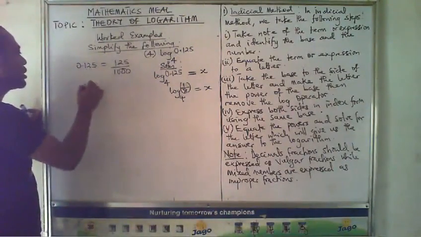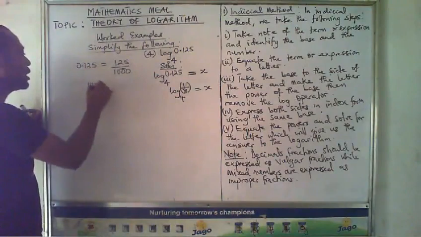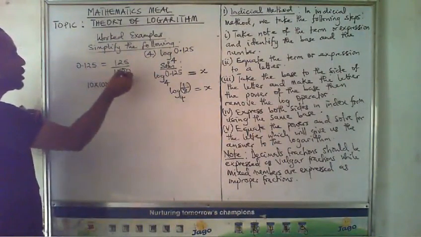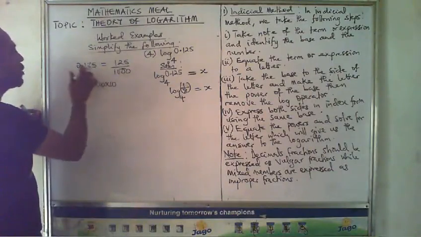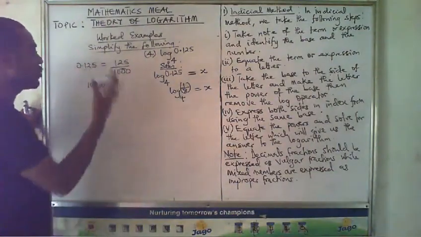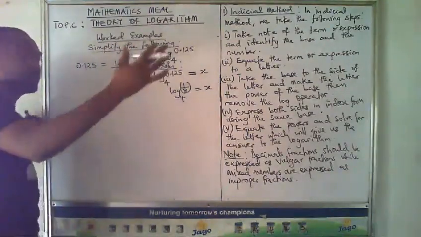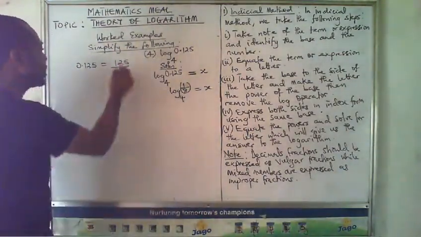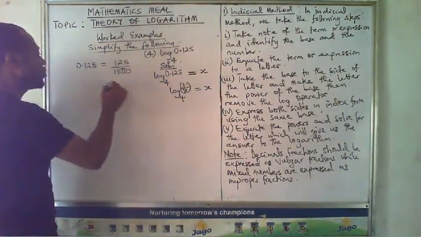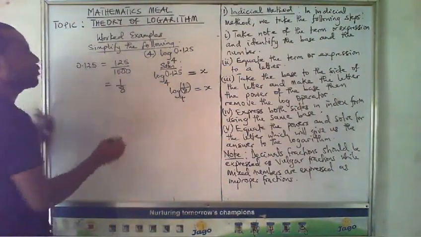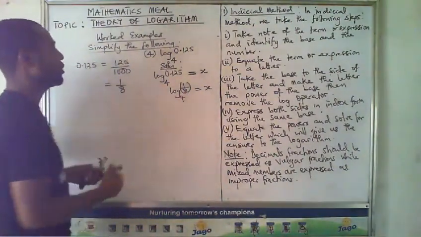So this first decimal 10, this second decimal another 10, this third decimal another 10. 10 times 10 times 10 is 1000. So by the time we divide by 1000, we must have removed the decimal. If you now break this down, reducing the fraction to lowest term, by the time you continue to divide, you are going to arrive at 1 over 8. That's why we have 1 over 8.